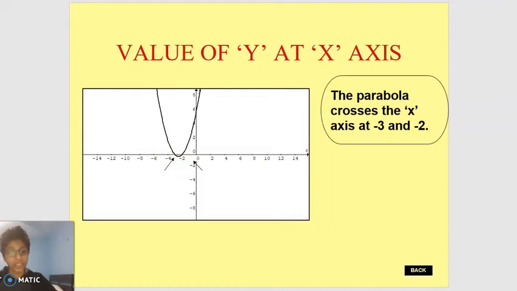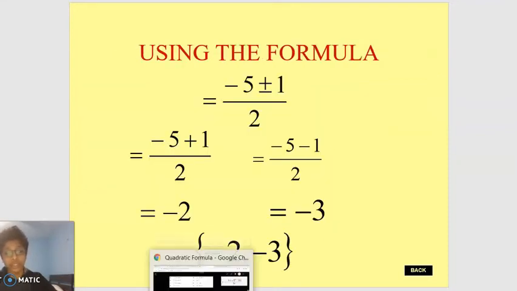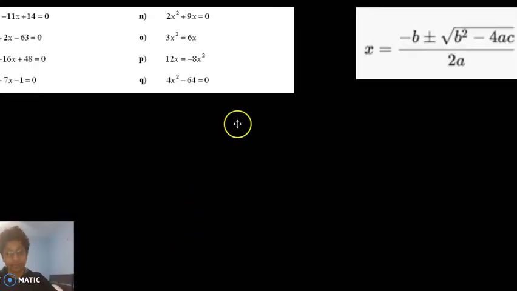Now, let's take a look at some examples where we can use the quadratic formula. Here we have some quadratic equations, and let's just take the first one. We have 2x squared minus 11x plus 14 equals 0, and here we have the quadratic formula.